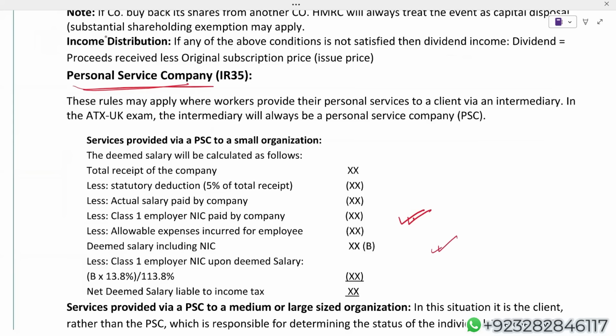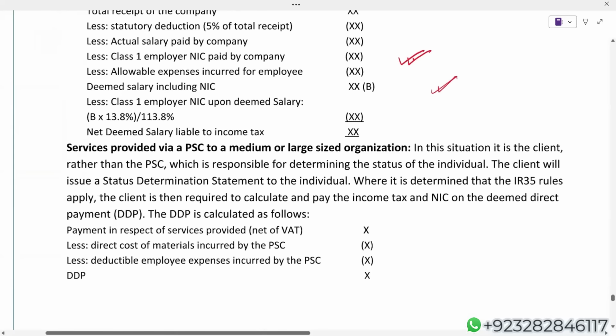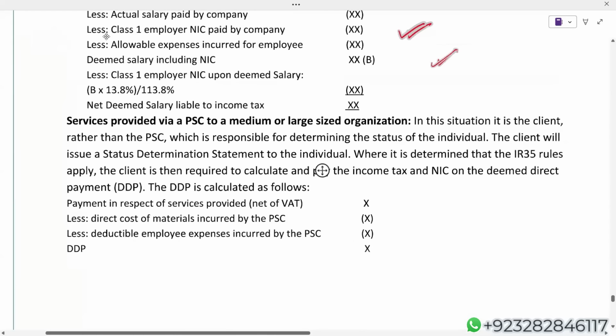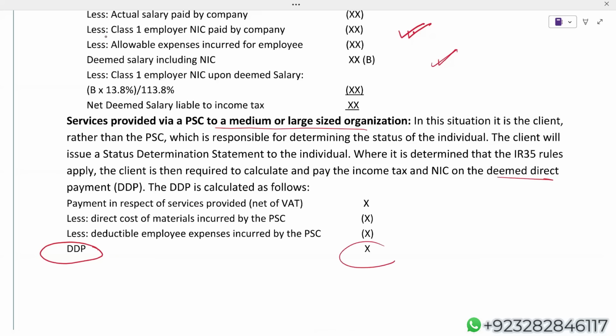Another thing is service provided by a personal service company to a medium or large size organization. Then it is the responsibility of that client to determine the personal service company status and calculate the deemed direct payment, and on that deemed direct payment they will calculate income tax and everything.